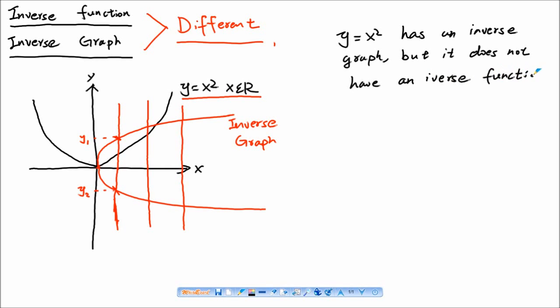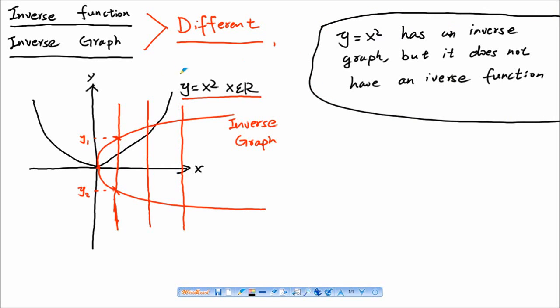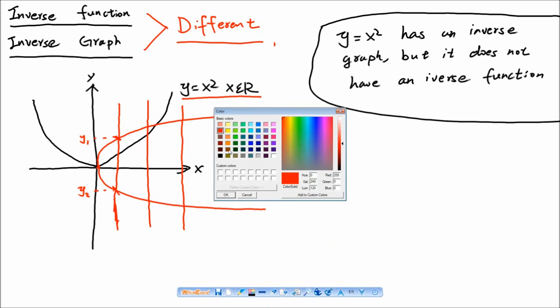So this is basically the difference between inverse graph and the inverse function. Every graph can have an inverse graph. If the inverse graph is a function, then the original graph would have an inverse function. This is a very important theory.